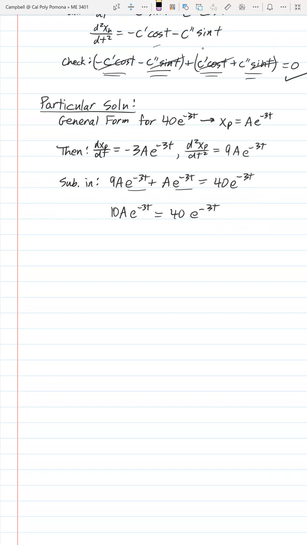In this particular case, we'll just divide through and cancel that on out. And then dividing through by 10, we get 4. And clearly, we get pretty quickly that a is equal to 4 for our method of undetermined coefficients. So then our complete solution, sorry, got a little rambunctious there with that underline.